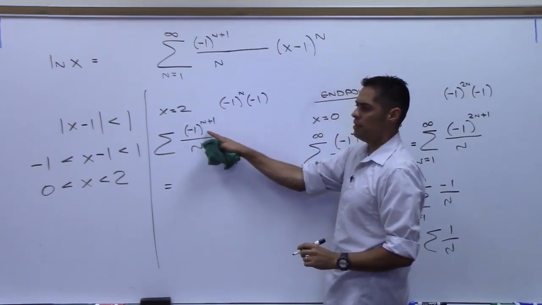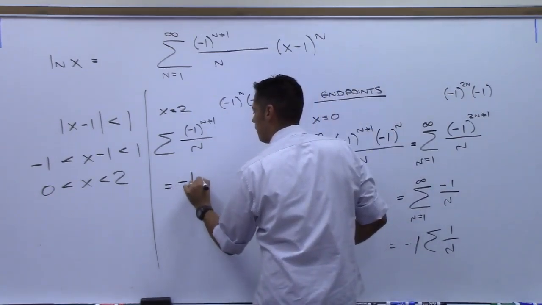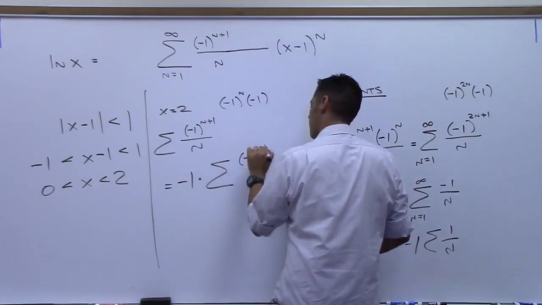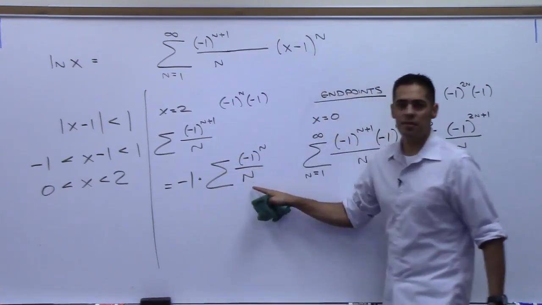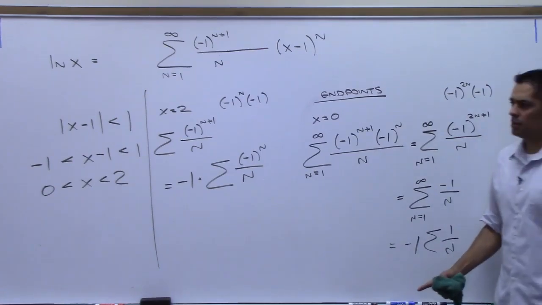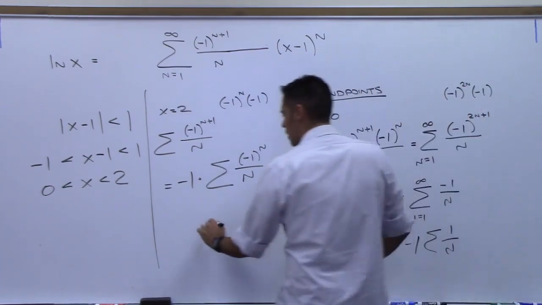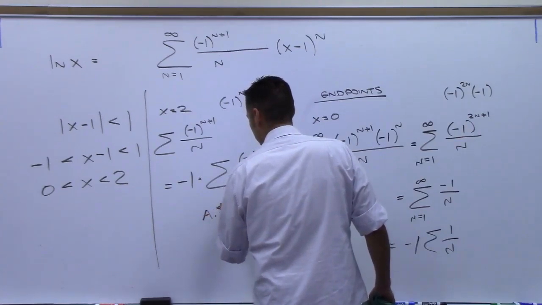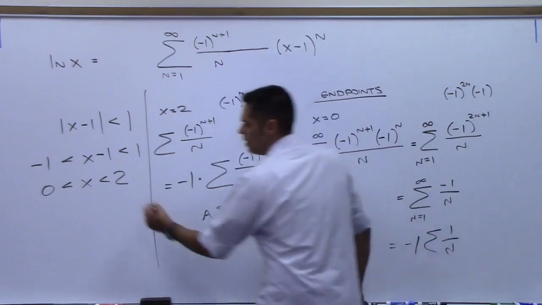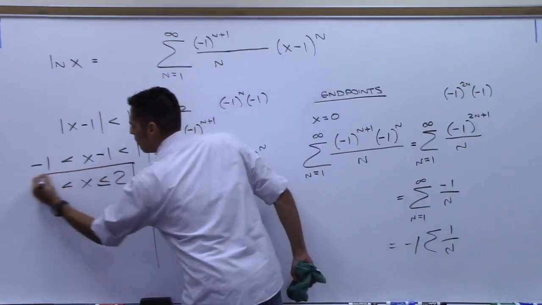That's what that is. Pull a negative 1 out. That's an alternating series, and you could do the alternating series test on it, and it would converge. So this would converge by the alternating series test. So the interval of convergence would be this.